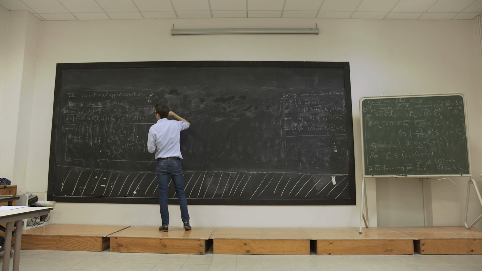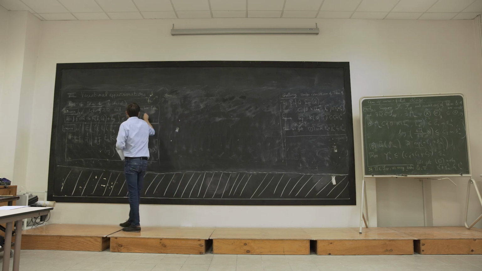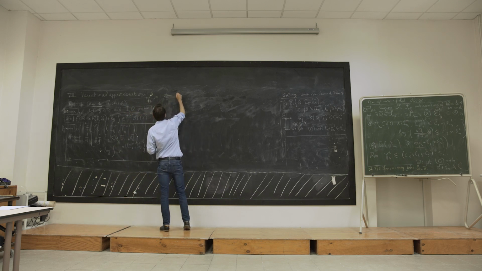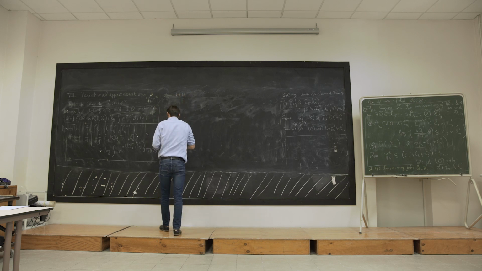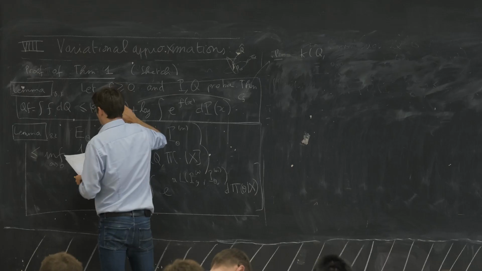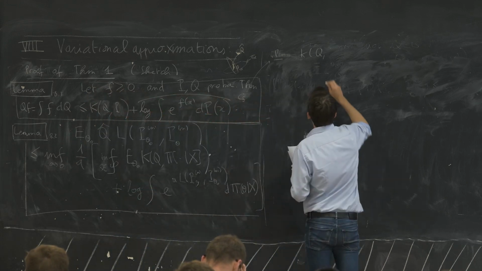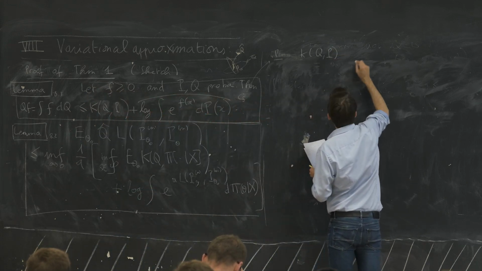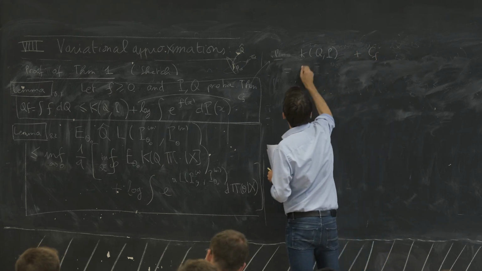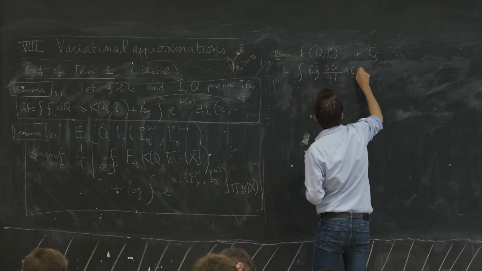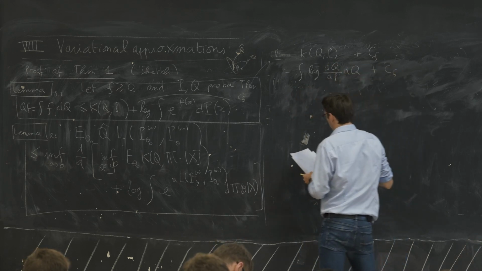So here we just write, if I denote this by Cf, so that's a constant that depends on f. So I have the Kullback Qp plus Cf, so by definition it's the integral of log dq over dp dq plus Cf, okay?